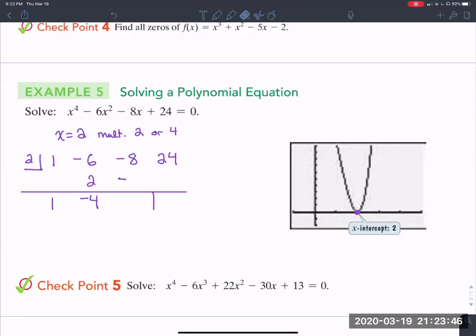Now you see the mistake I made? I purposely did this. Okay, remember the powers must be represented. So what power did I not have? See, I didn't have the cubic power. So remember to put that there.